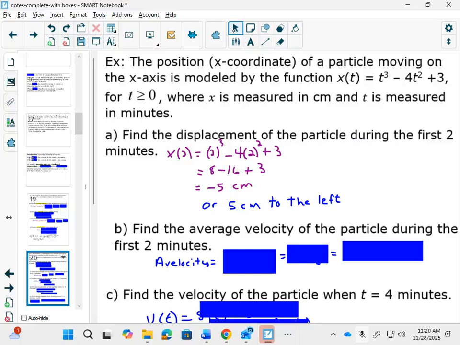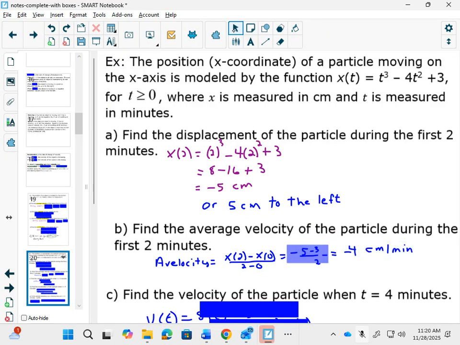Finding the average velocity of the particle during the first 2 minutes. Again, average velocity. Do your change in distance over change in time.